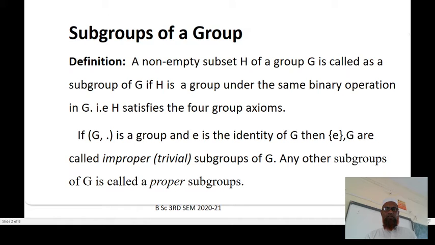That is, H satisfies the four group axioms: closure, associative, existence of identity and existence of inverse.